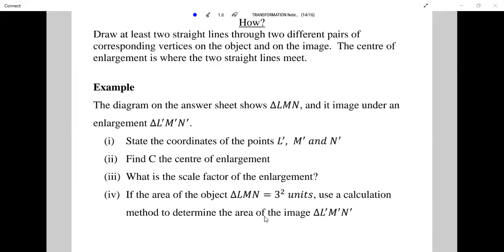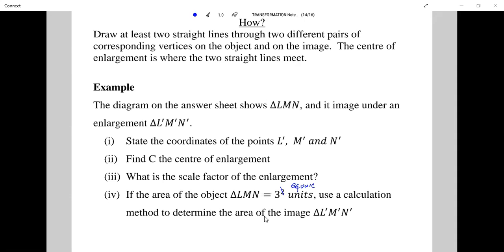And you're told that the area of LMN is equal to 3 square units. Where you see that square, it shouldn't be there; it should be square units.